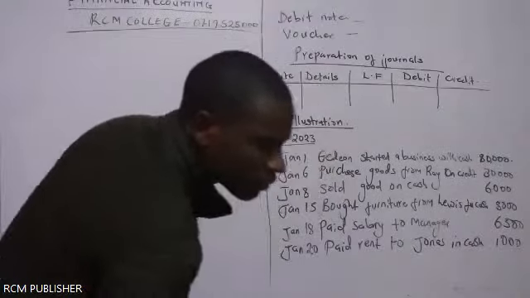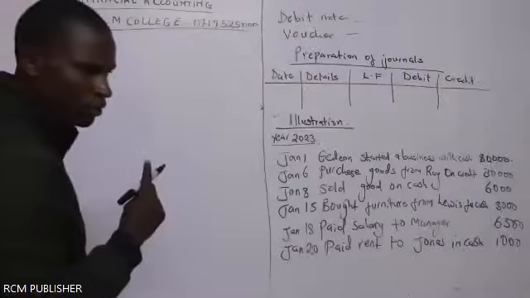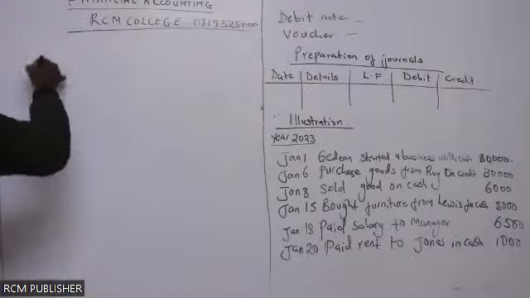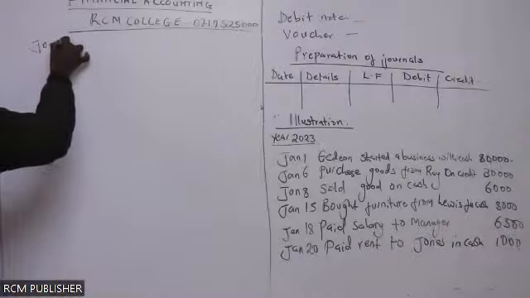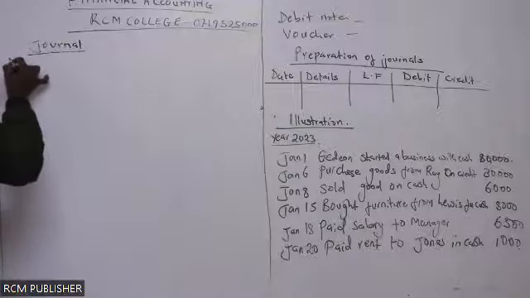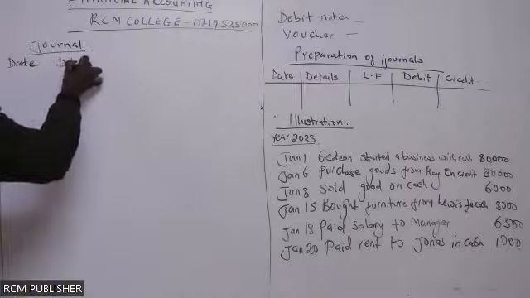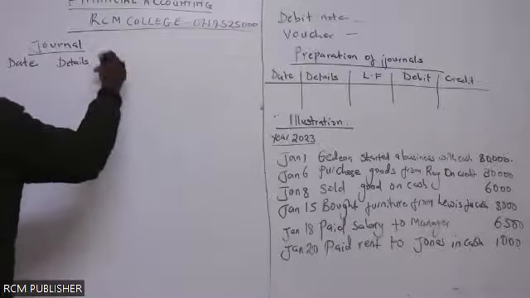It's visible? Okay, sawa. So now we want to prepare the journal, to present that information in journal entries. We have dates, we have details. What else? We have our ledger folio.